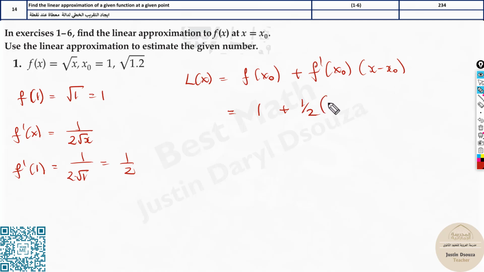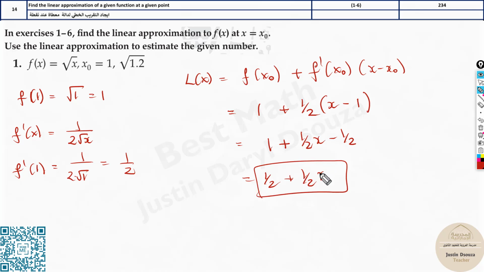Multiply it with what? x remains, but we have minus 1, because x naught is 1. So now we multiply: 1 plus half times x minus half. So 1 minus half will be basically half plus half x. So this is your answer.